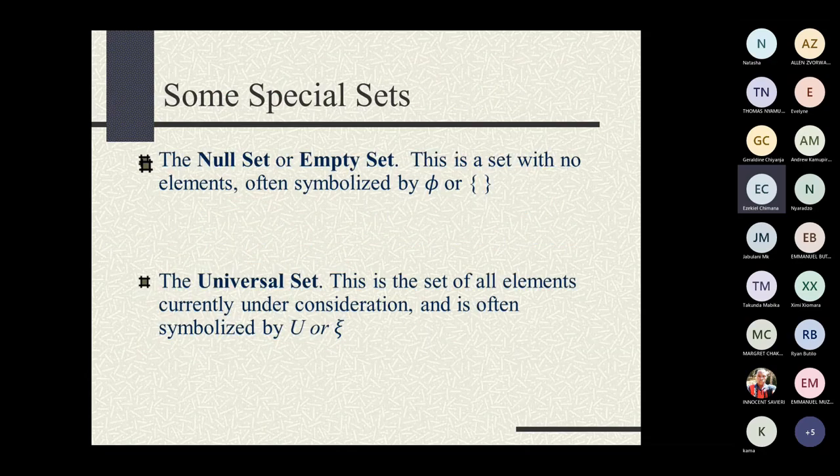So from there, we have got some special sets that you have to know. What are these special sets? There's what we call the null set or the empty set. This is a set with no elements.